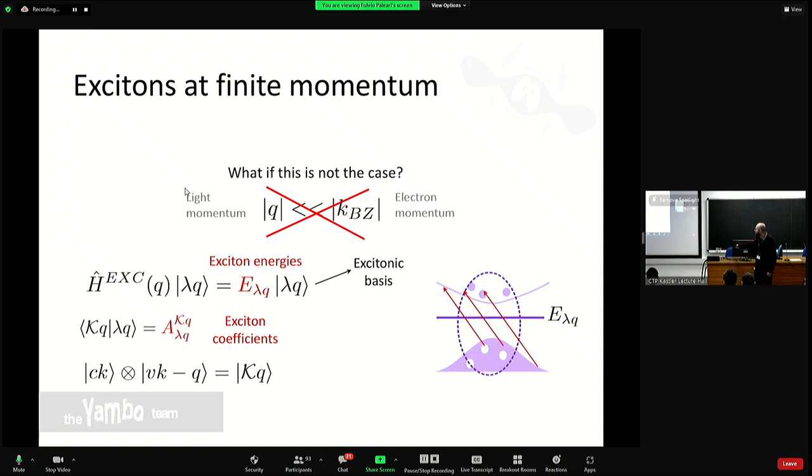And this describes, you see, a non-diagonal transition, indirect transitions, for example, from a valence state at k minus Q to a conduction state at ck. So it's basically indirect transitions. And when you solve the BSE at finite momentum, you can, for example, compute exciton dispersion relations, kind of what you do when you compute phonon dispersions.